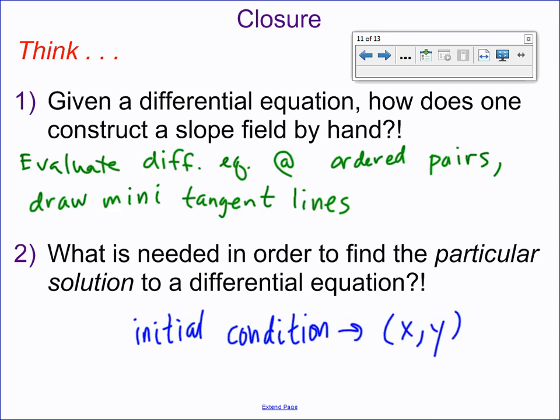And notice how the word initial here doesn't necessarily mean when x equals 0 or when time t equals 0. It doesn't mean initial value the way that we think of initial value for an exponential equation being the y-intercept. It does not have to be the y-intercept. It just needs to be some known point, ordered pair x comma y, that satisfies the solution curve. And that'll allow us to pin down that unknown constant.